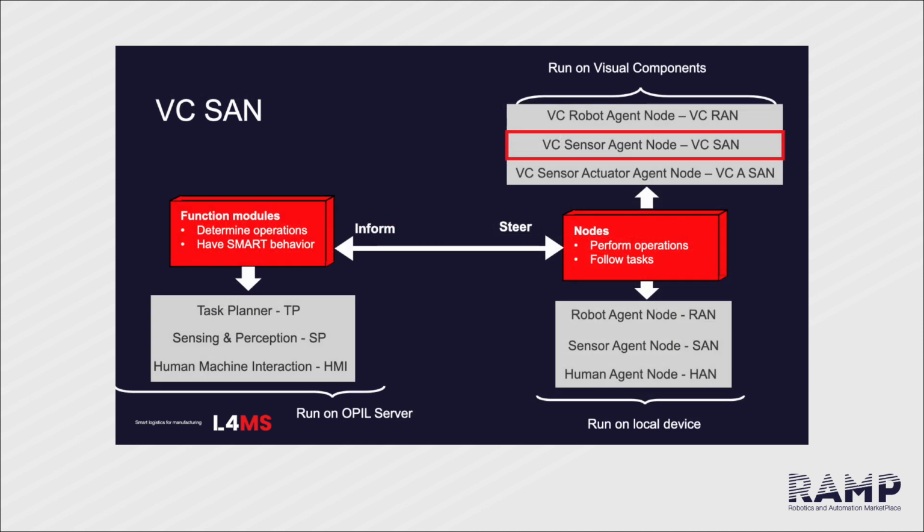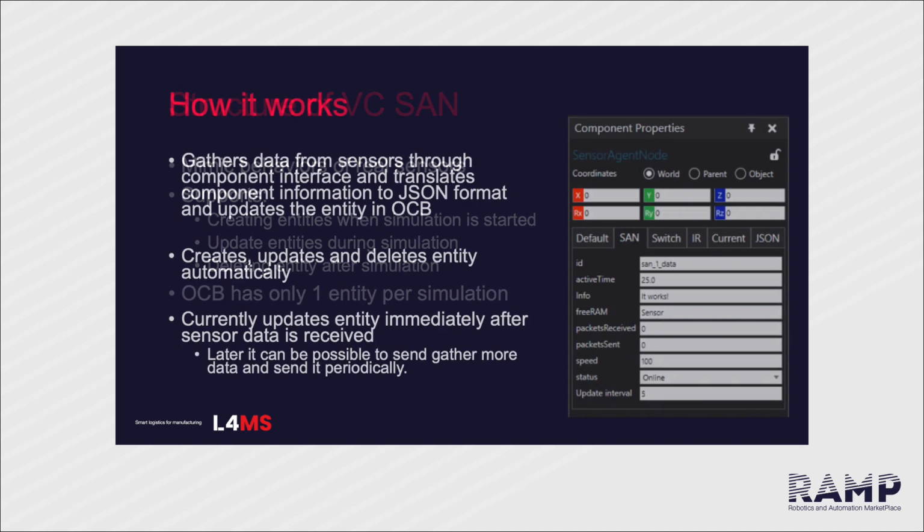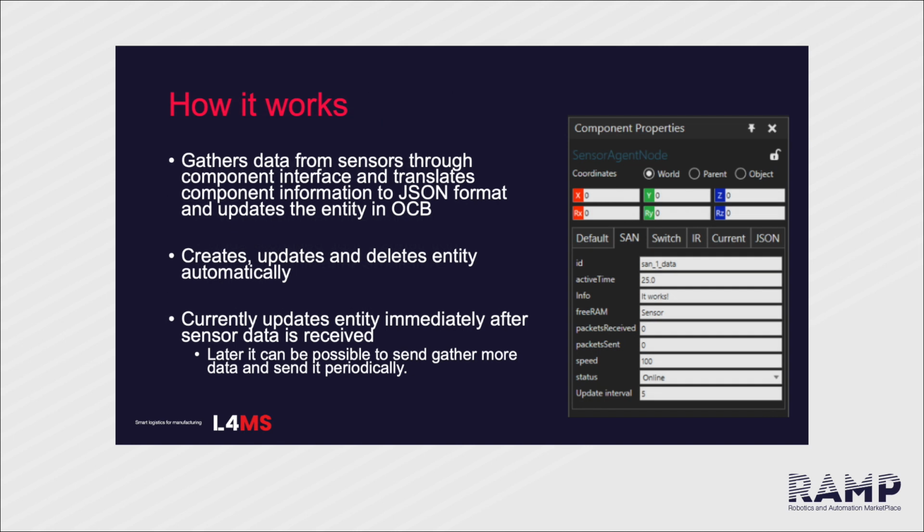Another VC module is the VC SAN. What VC SAN actually does is mimicking the behavior of real sensors. It is easy to use, entities can be created upon the start of the simulation and can be updated at any moment during the simulation. For this module also, another interface has been created in VC software.